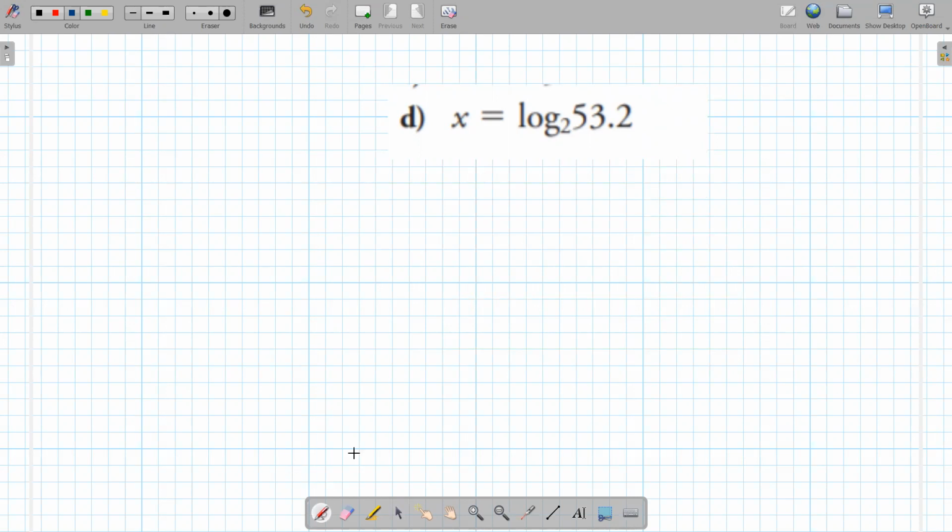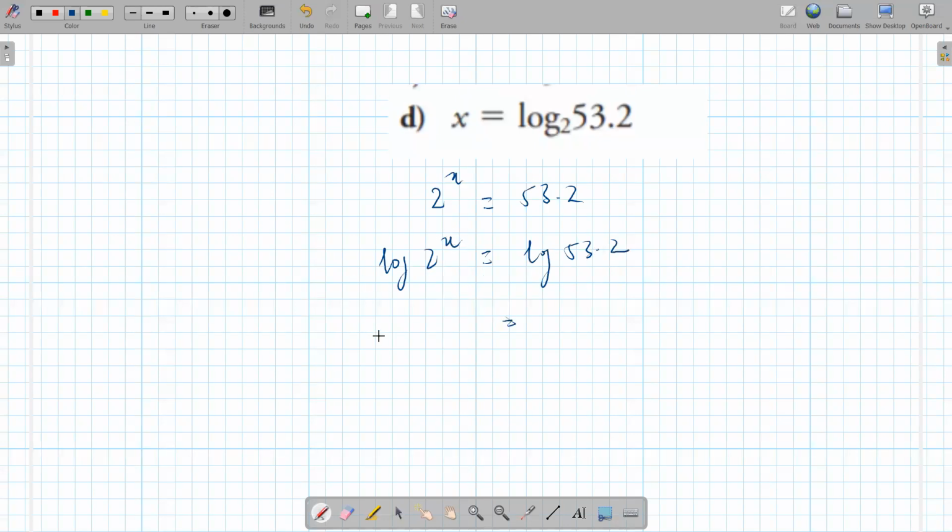All right, step 1, we're going to turn this into an exponential equation. We're going to use b to the power of c equals a. So 2 to the power of x is 53.2. From here, it's easy. Take logs on both sides and drop down the exponent.